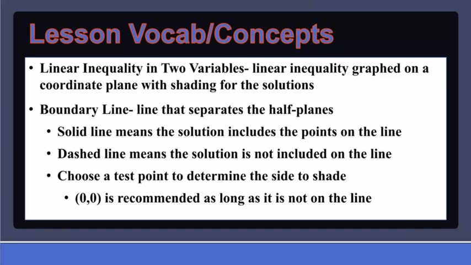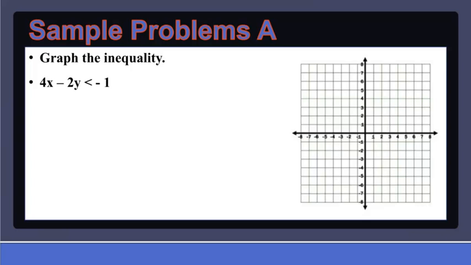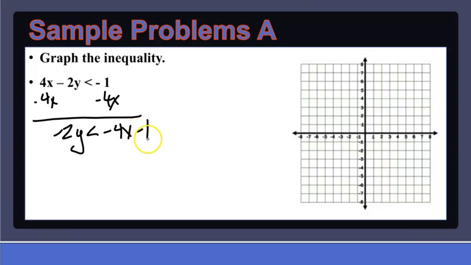Now let's take a look at our first example. Here we want to graph this inequality. And when you're graphing these, the easiest thing is to put them into slope-intercept form. So here I'm going to subtract 4x on both sides. And this gives us a negative 2y is less than negative 4x minus 1.